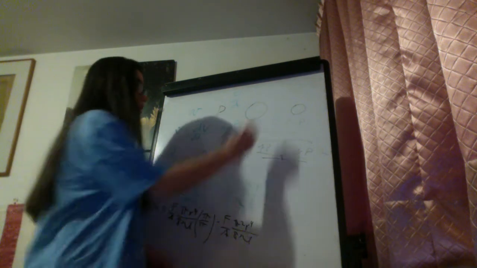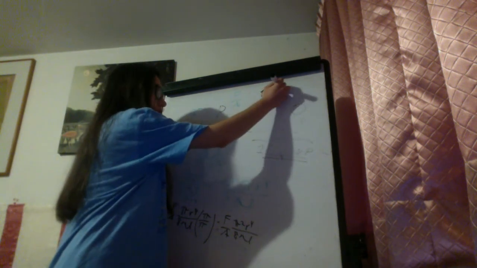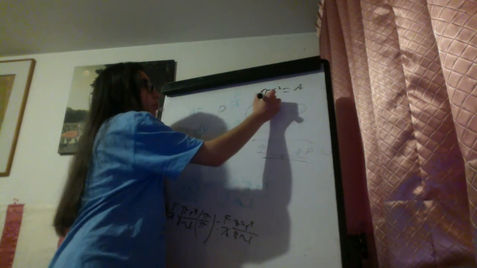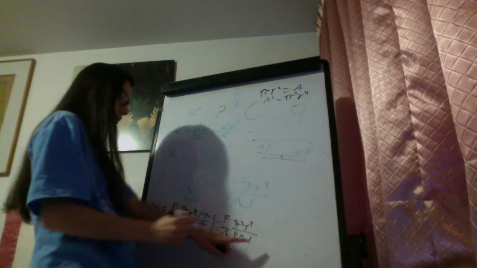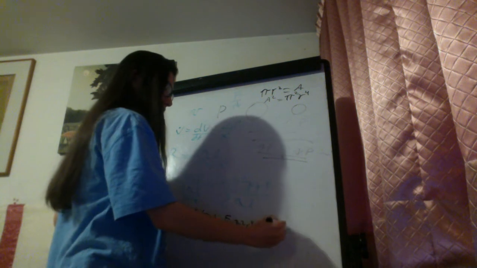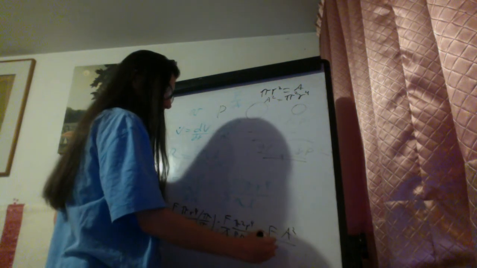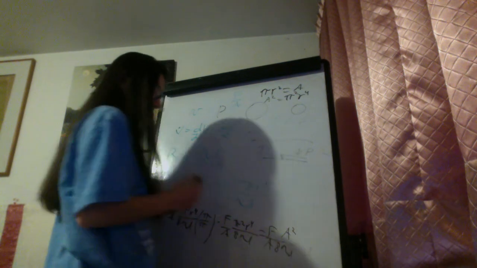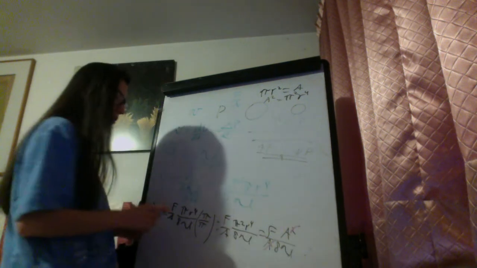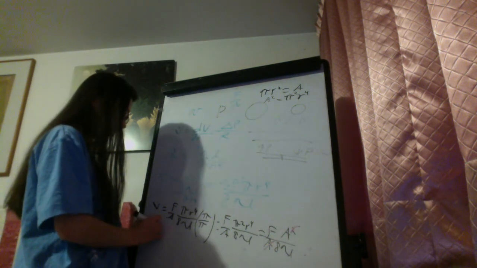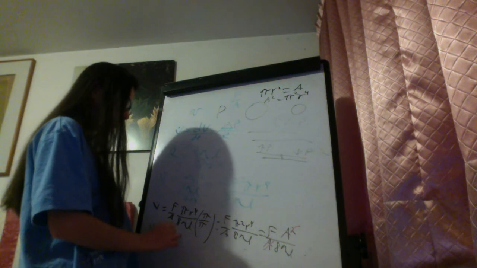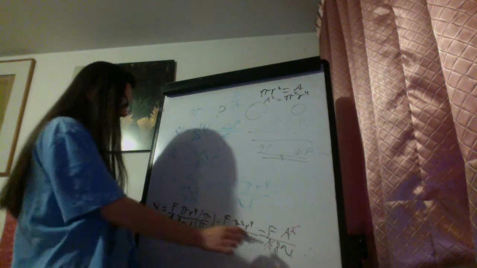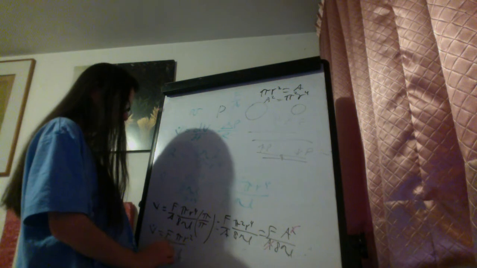Pi r squared is area, so area squared would be pi squared r to the fourth power. So we can put it as force times area squared divided by area times 8 viscosity length, and we can cancel this. We return the area to pi r squared, and we have the flux is equal to force times pi r squared divided by 8 times the viscosity times the length.